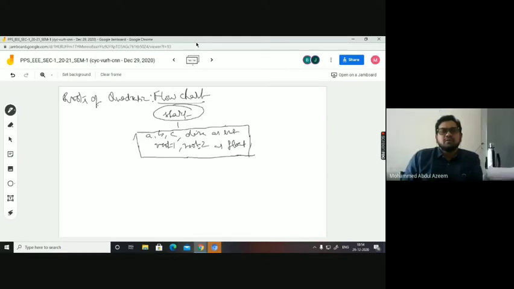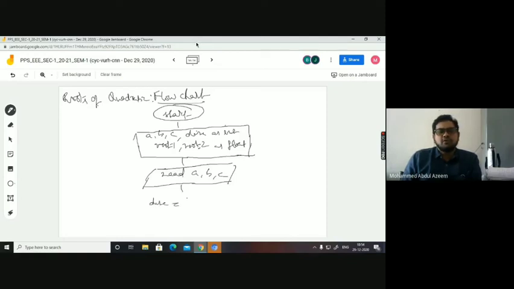Then you read the inputs. What are the inputs here? A, B, and C, right? You have read the inputs A, B, C here. Then what do you do? You find the discriminant, right?